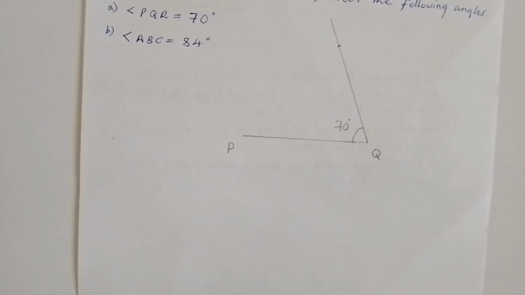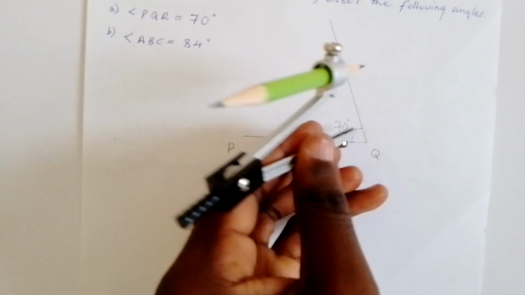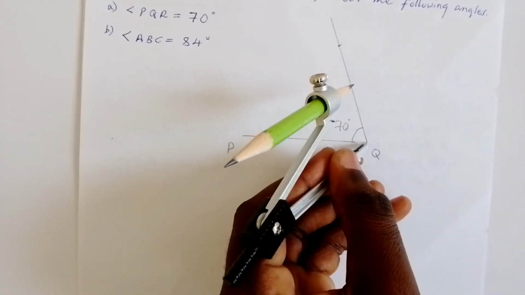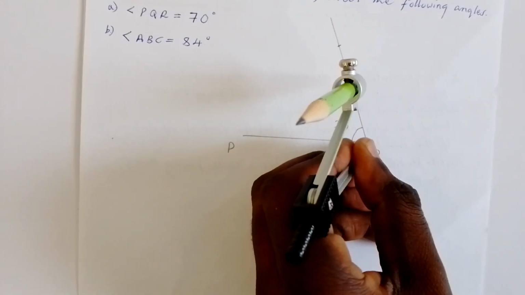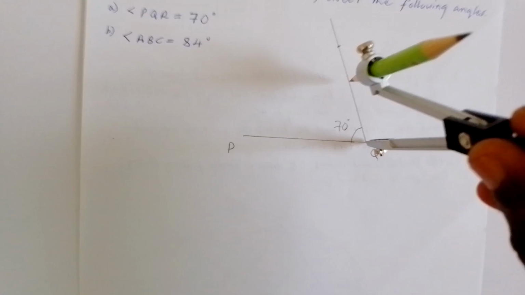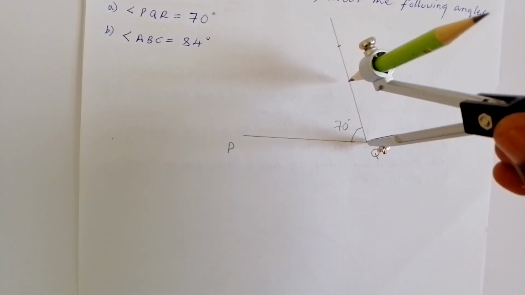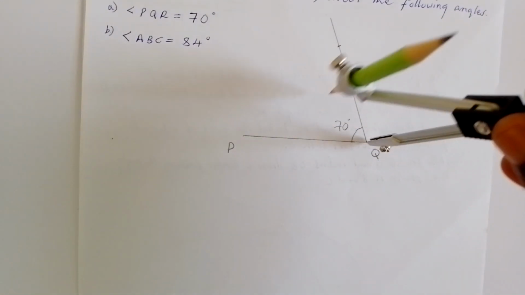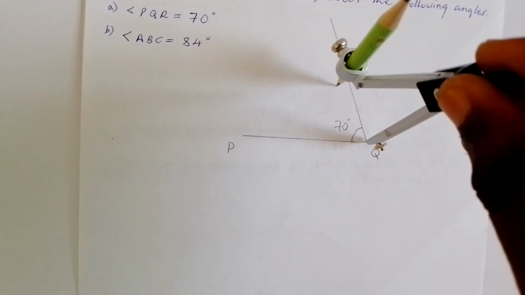So I place my compass pointer at that end, and with the radius that I've set, because I'm sure it is going to cut this line as well as that line, I just do this.